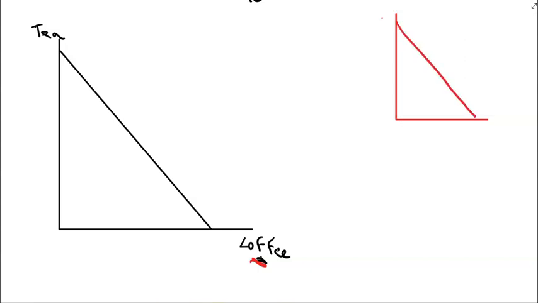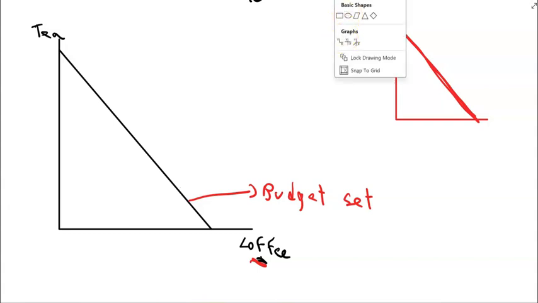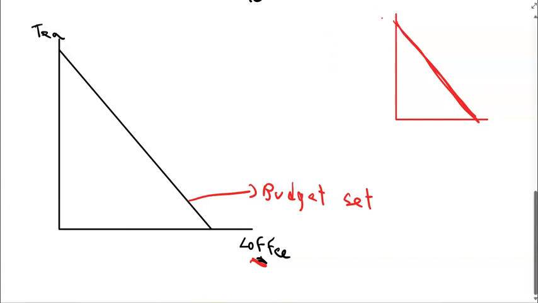If this is my budget set, and this is the shape of my indifference curve, how do we find the optimal consumption bundle? Let's say our indifference curve for this example is shaped like this. The red line is our indifference curve and the black line is our budget set. This is, let's say, IC1.